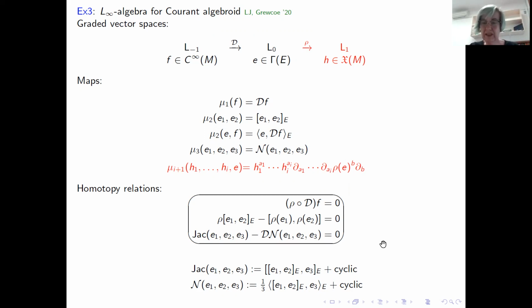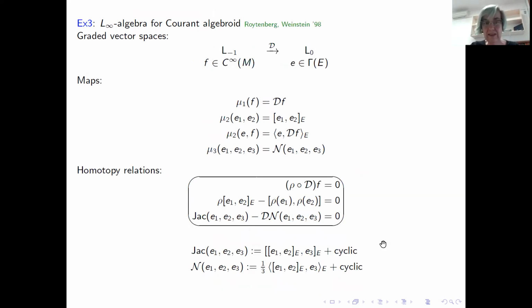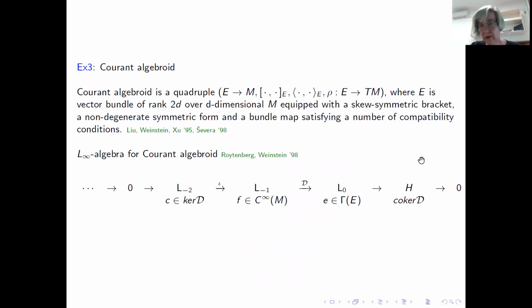Their starting point is different because since they start from the Courant algebroid, they can completely ignore this H space, which is a vector space. This is the space of tangent vectors here. And this is the map rho, which they don't use in the L-infinity algebra.